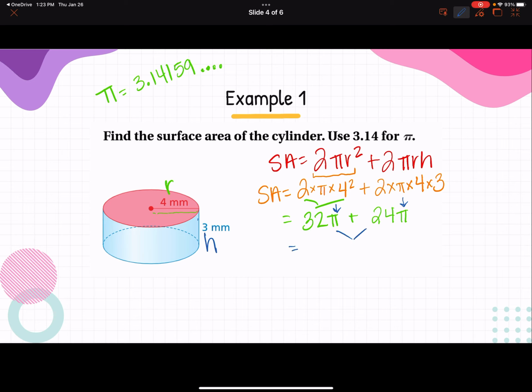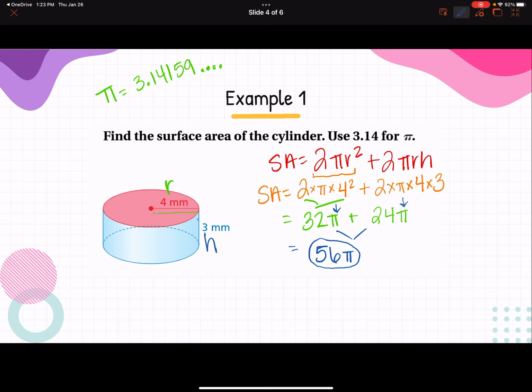So adding these together at the end, it's just like saying I've got 32 pies, and I'm going to get 24 more pies. 32 plus 24 is 56, so that means I have 56 pies total. Okay, so if you type in 56 pi in your calculator, it's probably going to give you this back if you have one like ours in class.